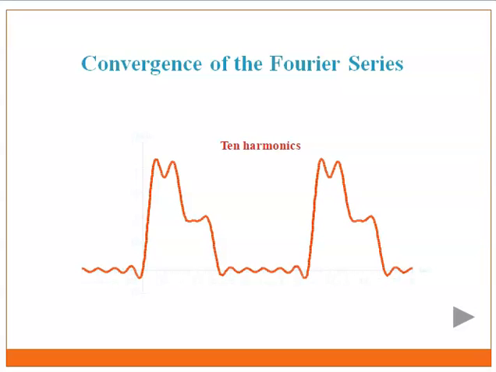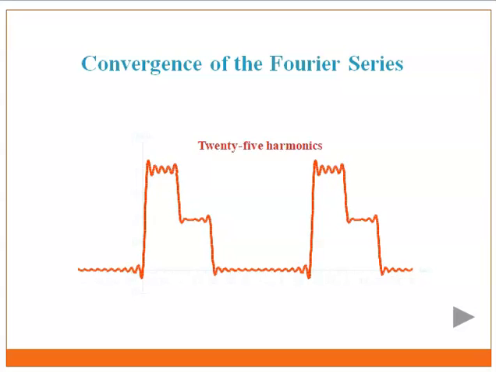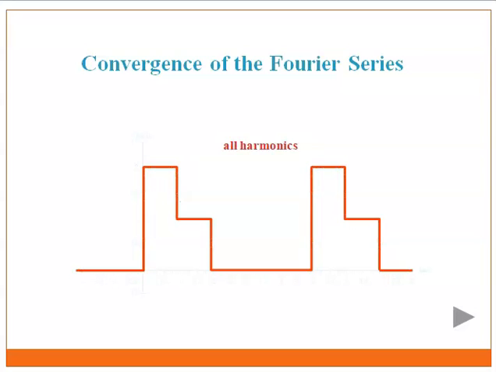So this is 10 harmonics, and this one is 15 harmonics. You can see the trend: it becomes smoother, approaching a perfect square wave. When you have all the harmonics together, it will become a perfect square wave Fourier series signal.